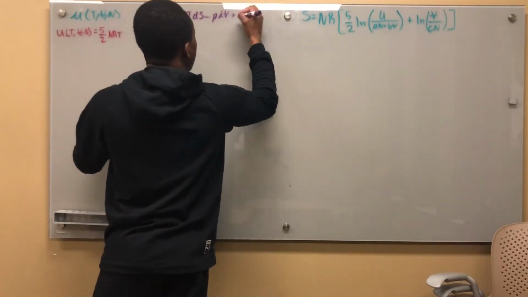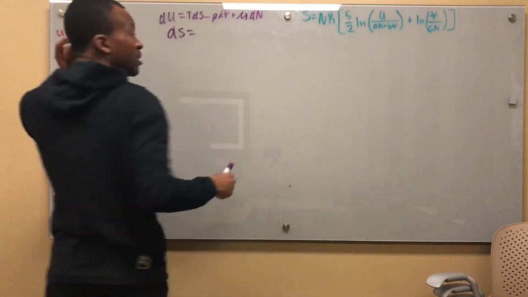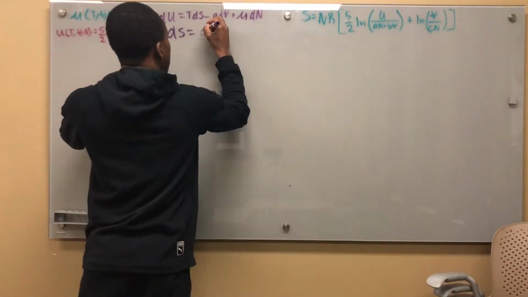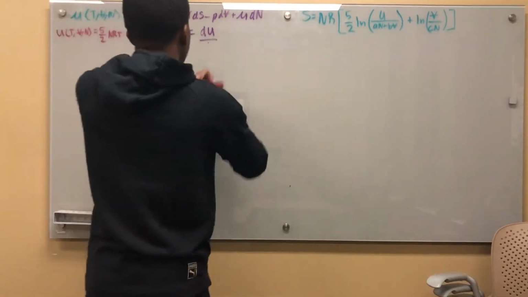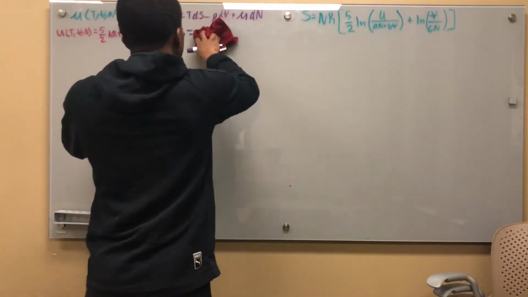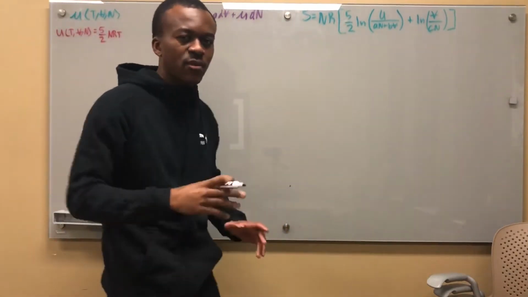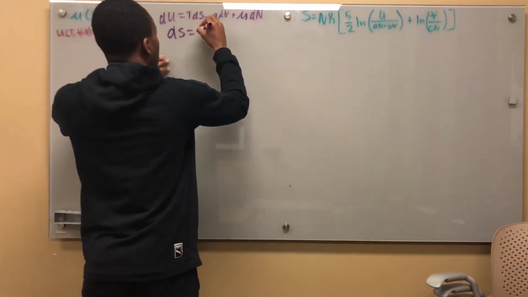Then they asked us to solve for mu, so I'm just gonna solve this as a one component system plus mu dn, right? So I'm solving for ds because I want to have something that I can differentiate with respect to something. Maybe I can differentiate s with respect to something to get what I'm looking for. In this case, I'm looking for mu. So I can already see something going on here.